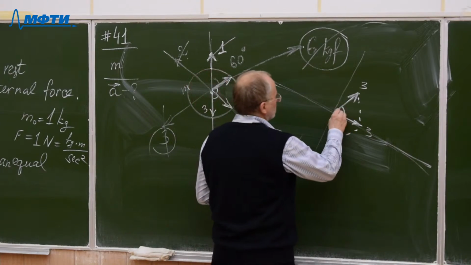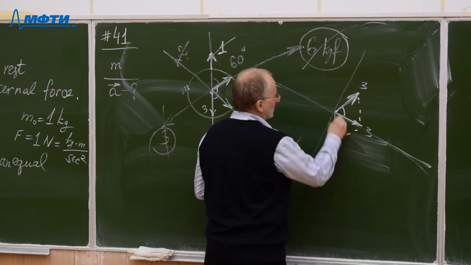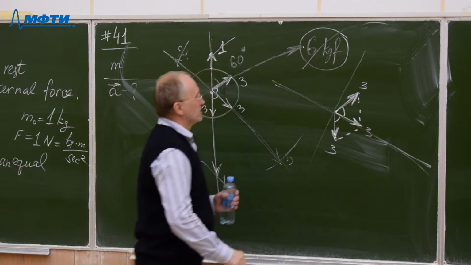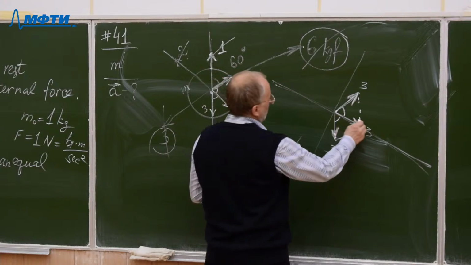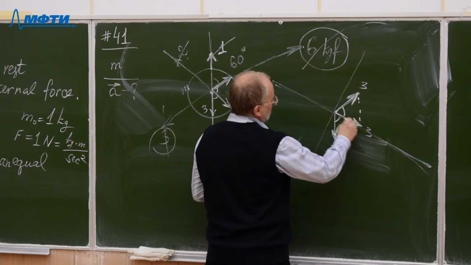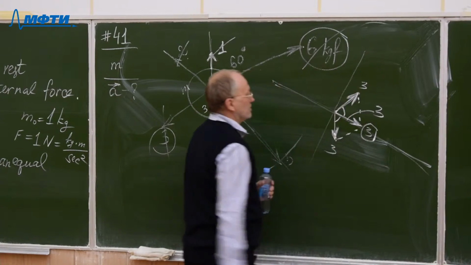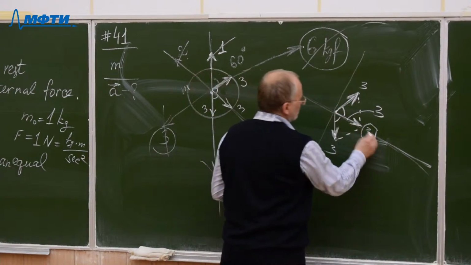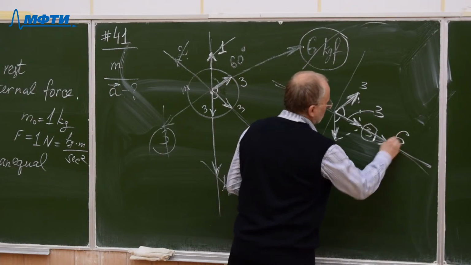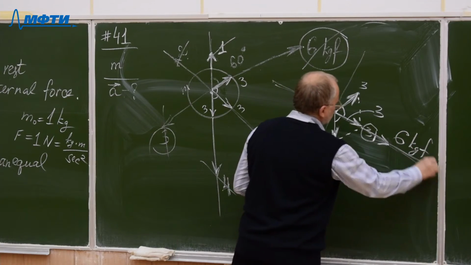The result of the summation of these 2 vectors will be the diagonal of this parallelogram. So the diagonal will be equal to 3 and another vector equal to 3. So the sum of these vectors will be 6 kilogram forces.